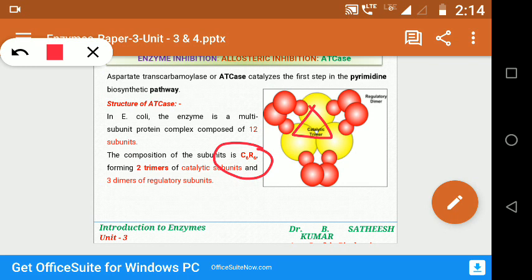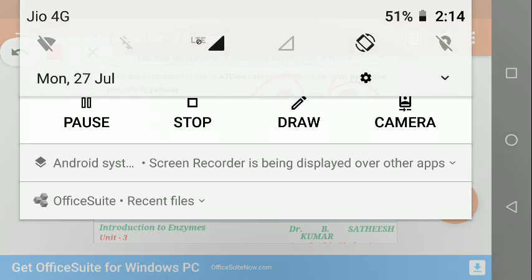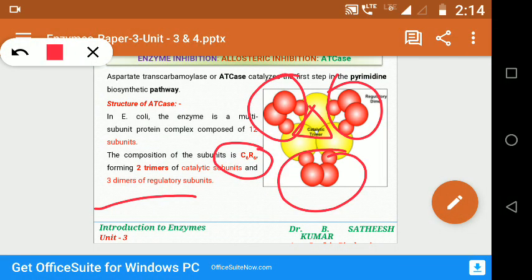So there are two trimers of catalytic subunits, and we have three dimers of regulatory subunits. So the regulatory subunits are dimers and the catalytic subunits are trimers. These catalytic subunits bind two substrates, substrate 1 and 2, carbamyl phosphate and aspartate.